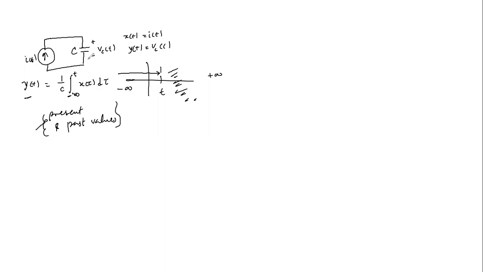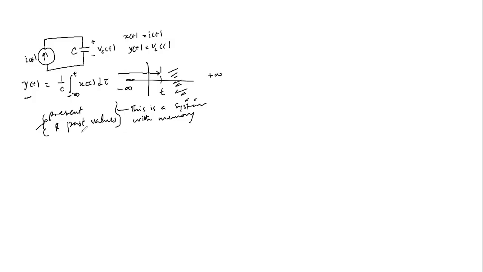And we know capacitors are storage elements. They store energy in the electric field. Okay, so it means this is a system with memory, meaning it is not a memoryless system. Okay, that's one.